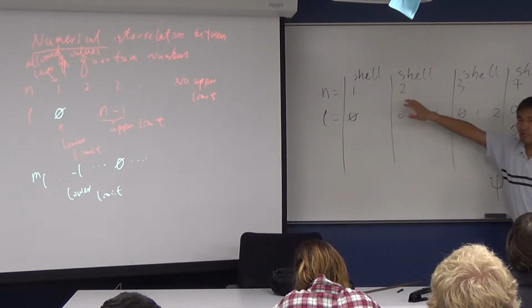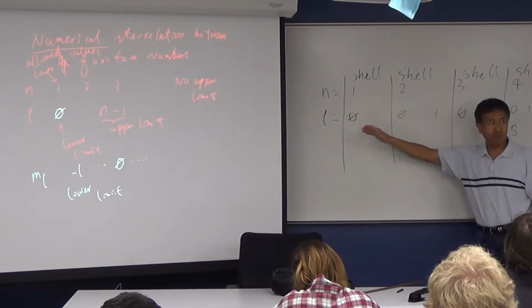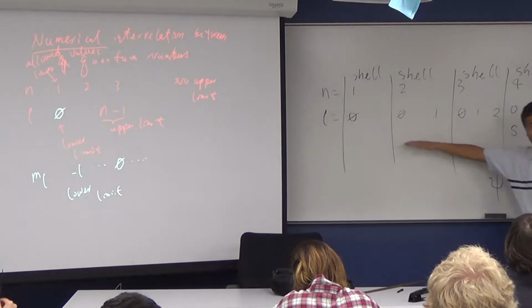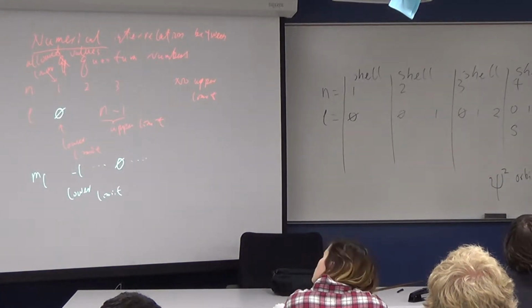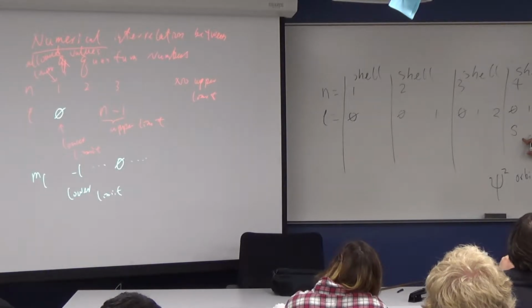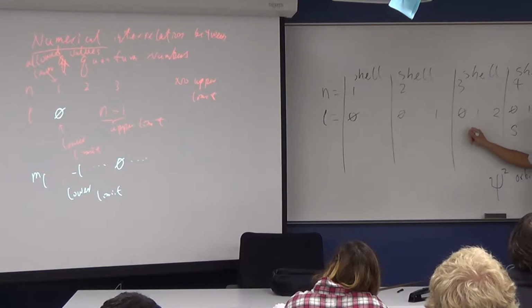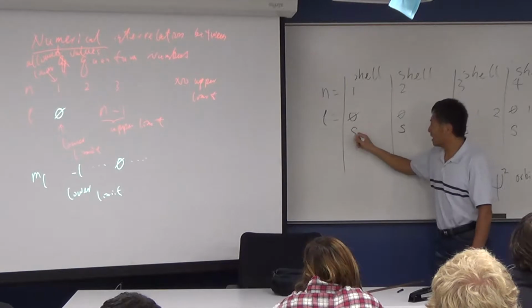We already found n can have 1, 2, 3, 4, 5, 6, 7, and L can only be from 0 to n minus 1. So we have this kind of 2 examples. Continue with that, yes, to get less confusion. So for every number where L is 0, you just call them S. But then what is the difference between this S here, and this S here, and this S here?